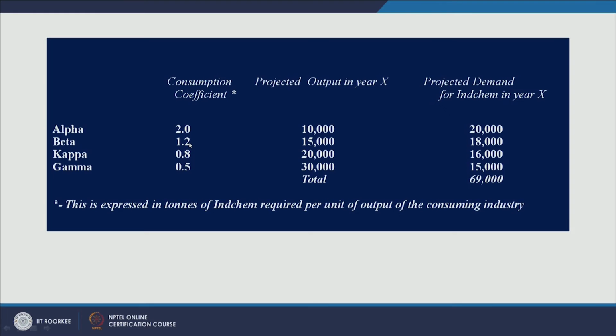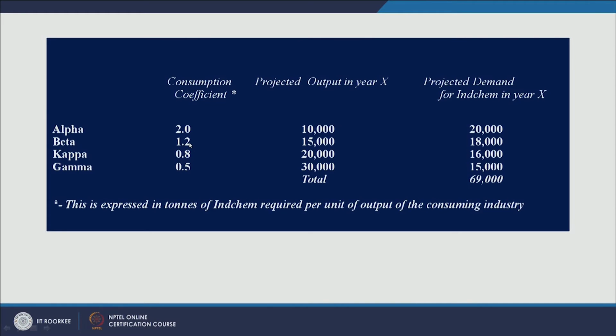The consumption coefficients for these industries, the projected output level of these industries and the projected demand for this particular chemical is shown in this table.